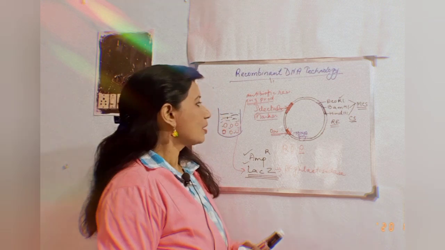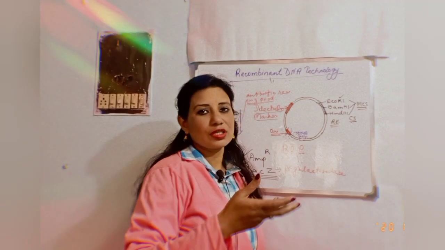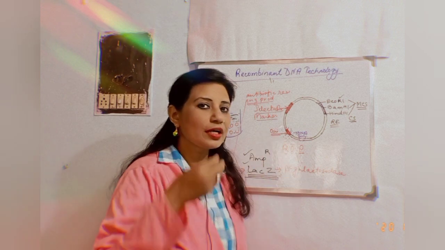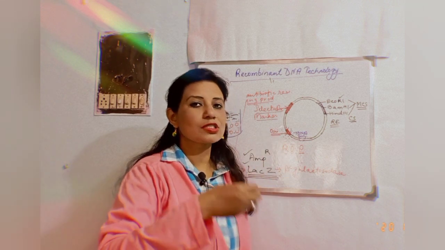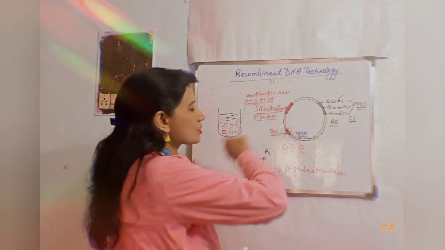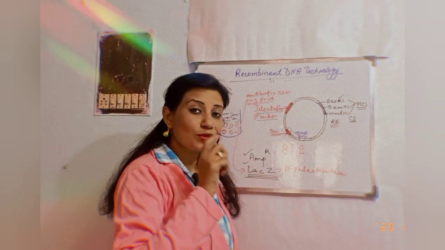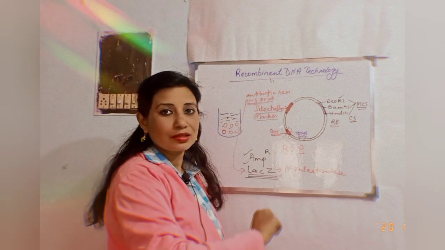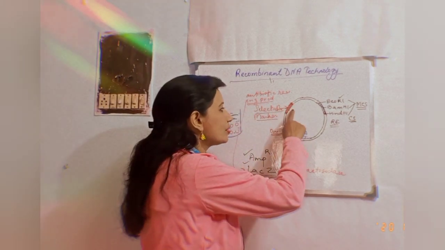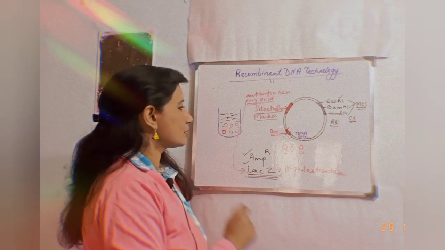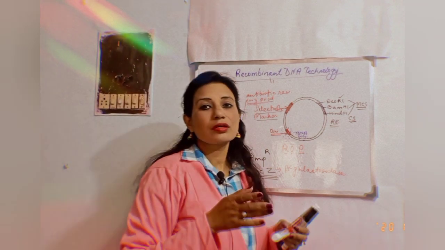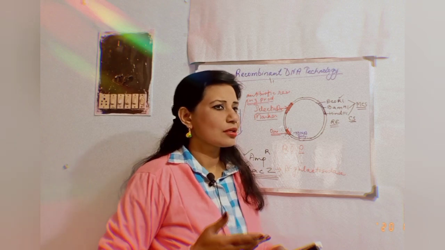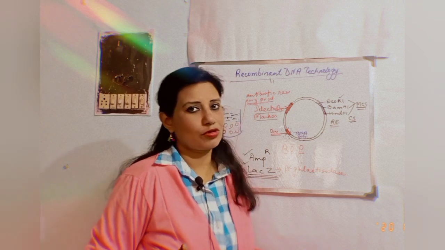Now, what will happen if I introduce a particular target gene which already carries an ampicillin resistance gene into this region? If this vector is already having an ampicillin resistance gene in it, then it will cause a disruption.